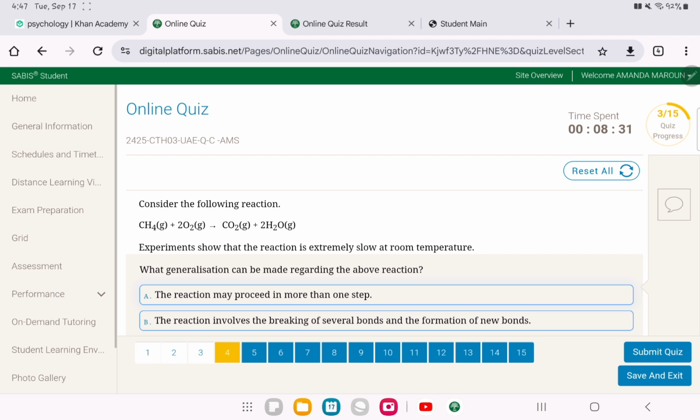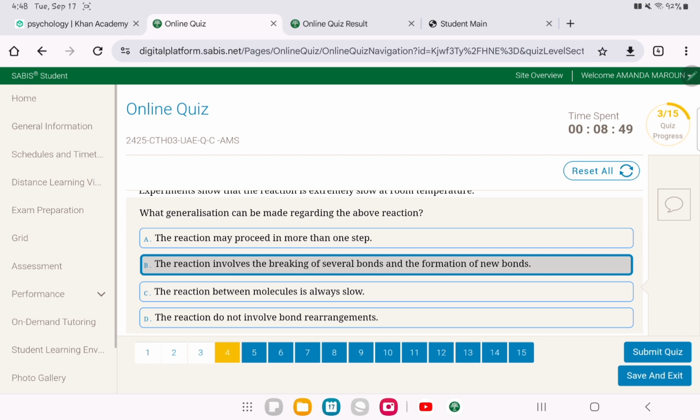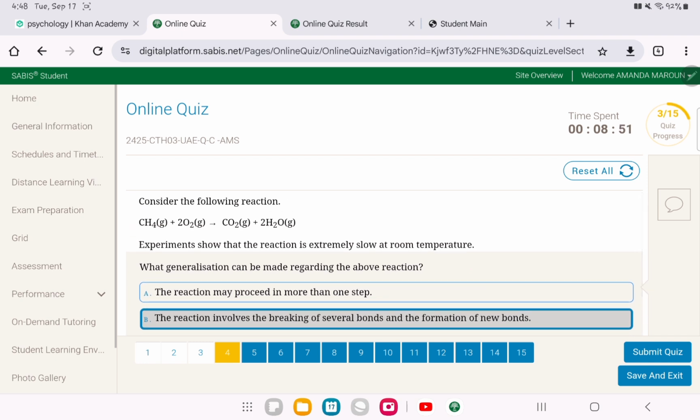Question number 4. Experiments show that the reaction is extremely slow at room temperature. If a reaction is extremely slow, it means one thing: there are lots of bonds that need to be broken. So the reaction involves the breaking of several bonds and the formation of new bonds.